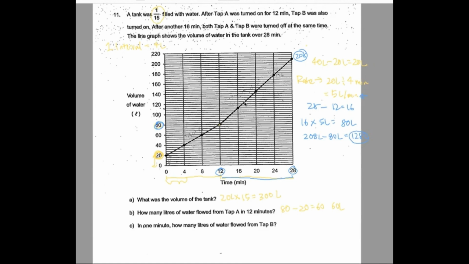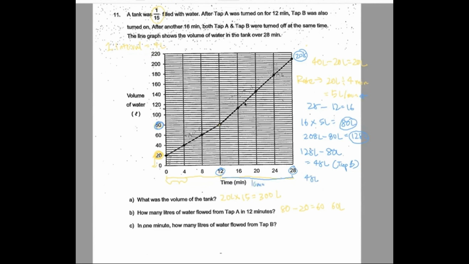And during this period of time, if I minus away the water that flows from tap A, which I've calculated earlier, which is 80 liters, we have 48 liters. So this 48 liters is the amount of water flowing from tap B over a period of 16 minutes.